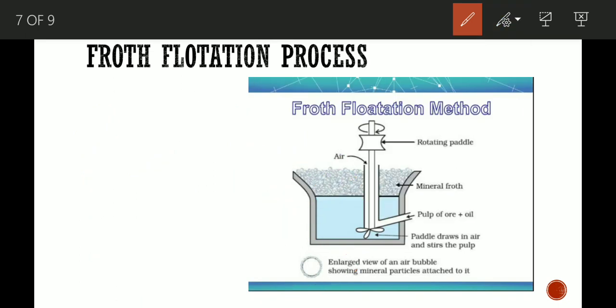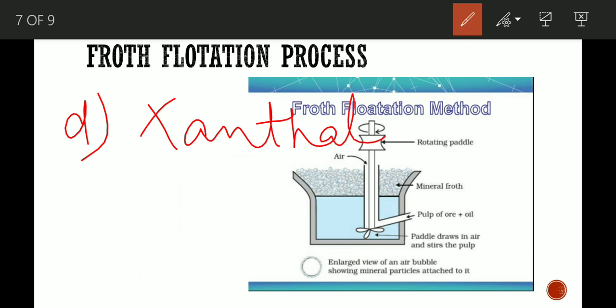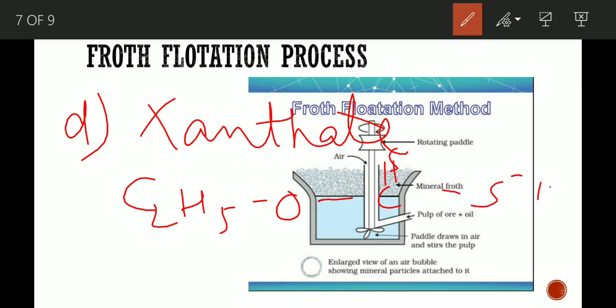Okay, now coming to xanthate. Commonly employed xanthate is potassium ethyl xanthate. The potassium xanthate formula is C2H5OCS- K+.